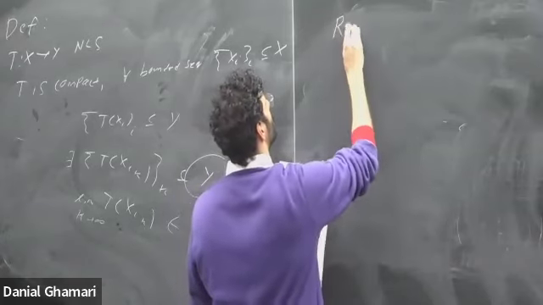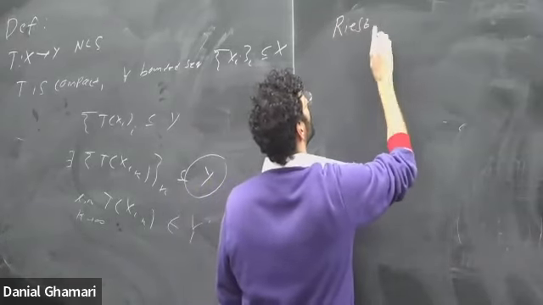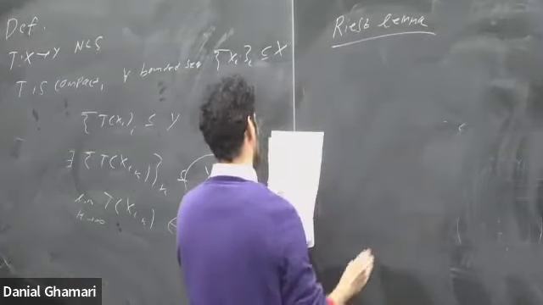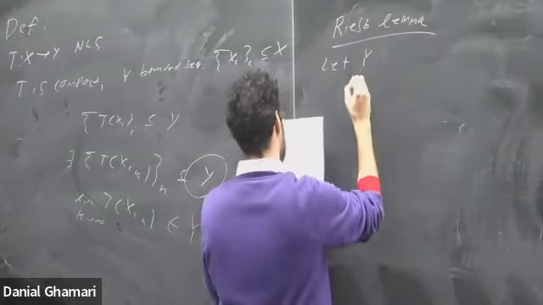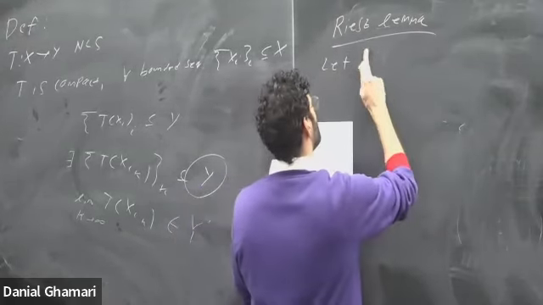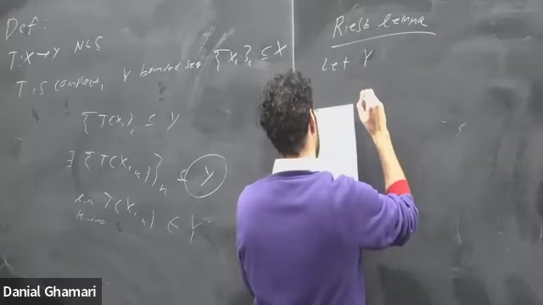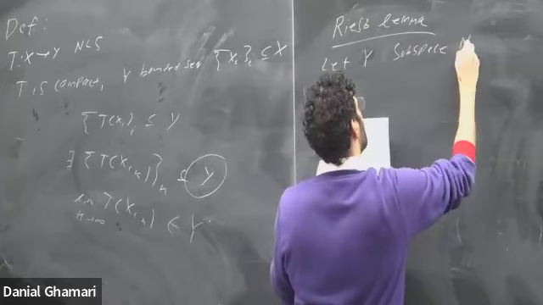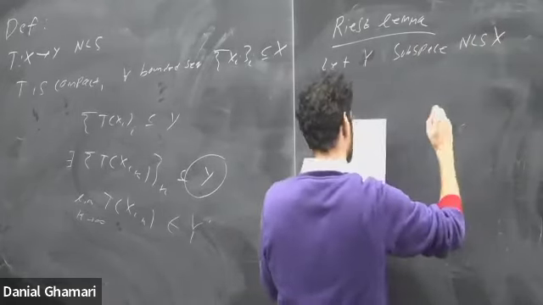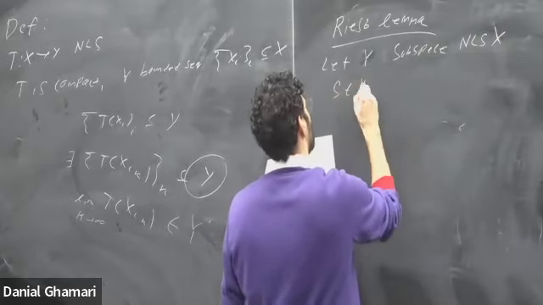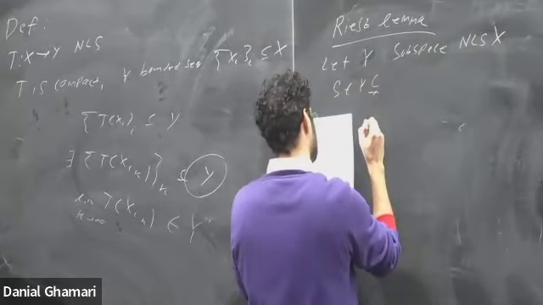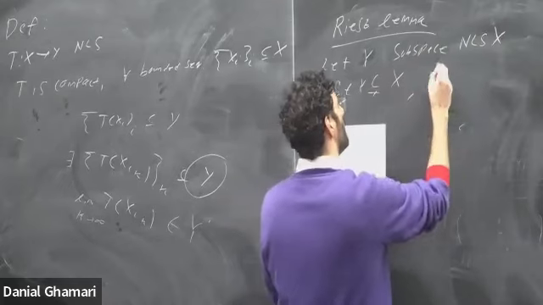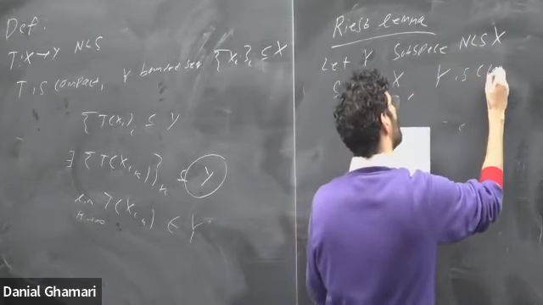Riesz's lemma: let Y be a subspace of a normed linear space X such that Y is a strict subspace of X, so it's not the entire space, and Y is closed.